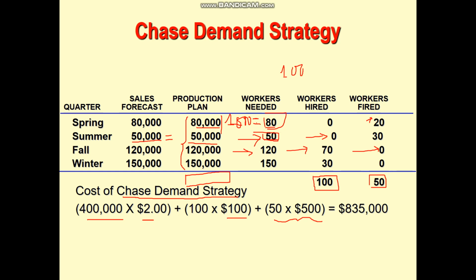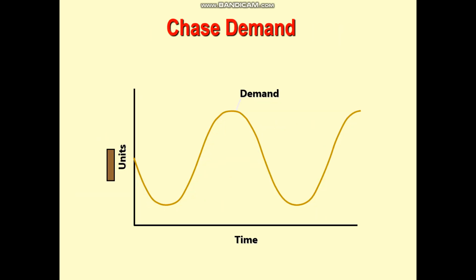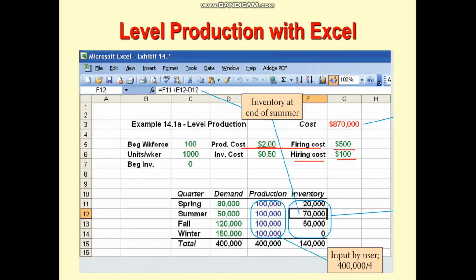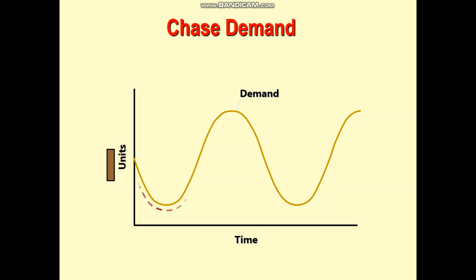So the total cost we have to pay when we use the chase demand strategy is 835,000. So we compare: if we use the level production strategy, we have to pay 870,000.